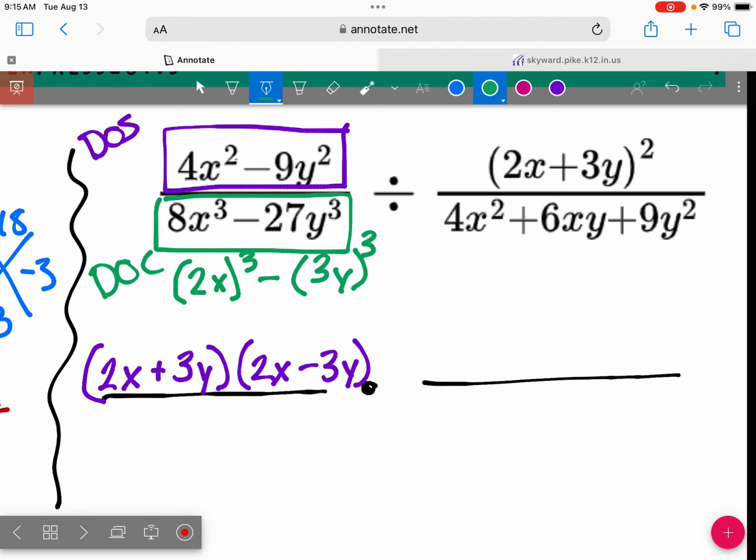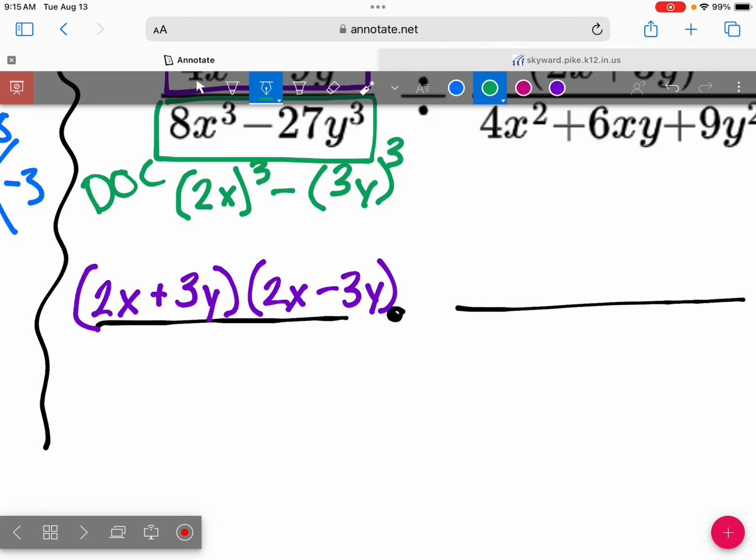So when we're putting it together into its factored form, we also need to do the SOAP piece, where we have our A term, where we then use our same sign. That's the S of SOAP. So we're going to use minus our 3y. Then we take our A squared, so the 2x squared, which gives me 4x squared. We're into our next sign.